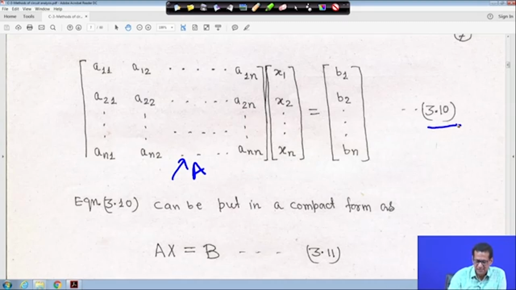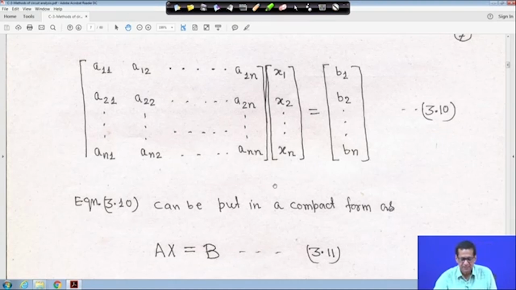This equation can be written as Ax = b, or directly x = A inverse b, of course if A inverse exists. But sometimes we do not use A inverse; we follow different methods to solve such linear equations, for computational efficiency.